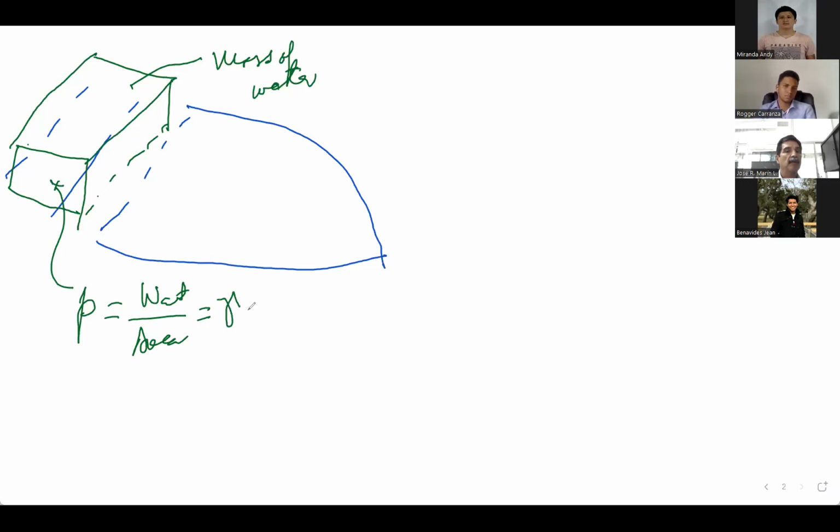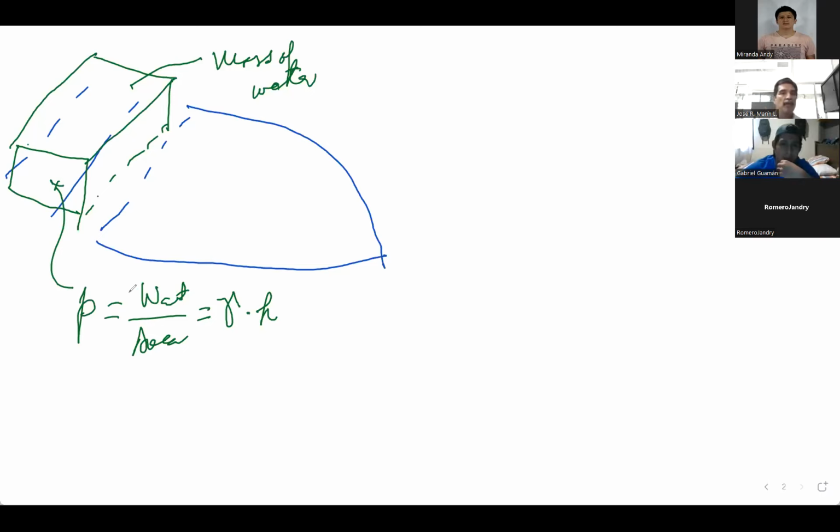Specific weight of the water multiplied by volume. Now, this is pressure, multiplied by, come on, people. Yes, by H.